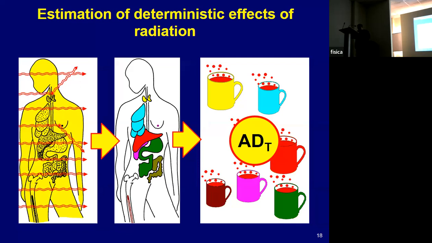In the case of external exposure of a person in fields of indirectly ionizing radiation, it is assumed that the exposure of individual organs and tissues is characterized by the average absorbed dose.